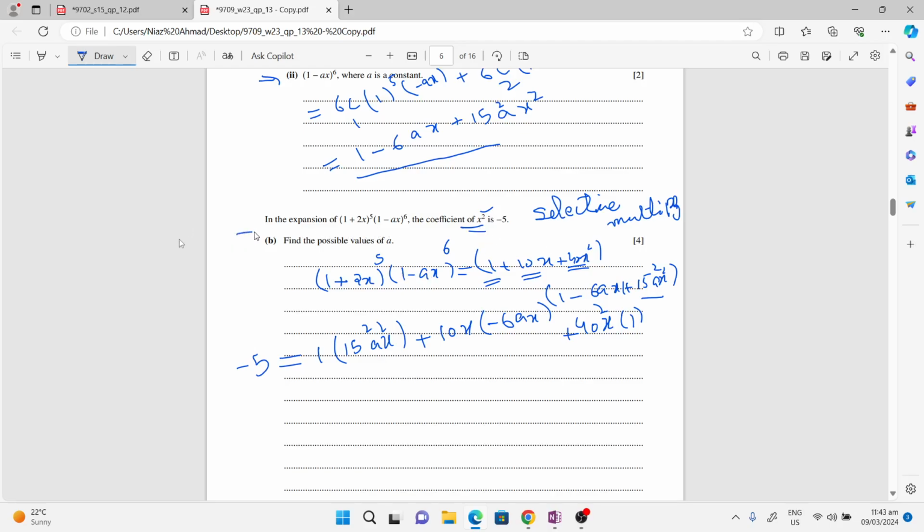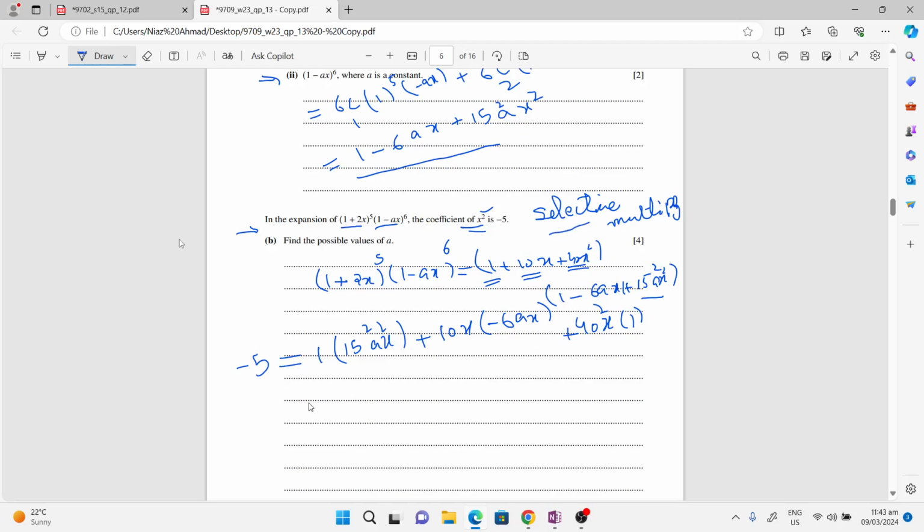This part is always very important with two brackets. When both brackets are expanded by you, fine. In other cases, normally you only expand the first bracket and the second expansion is given. Then you just need to get the expansion of both and do selective multiplication.